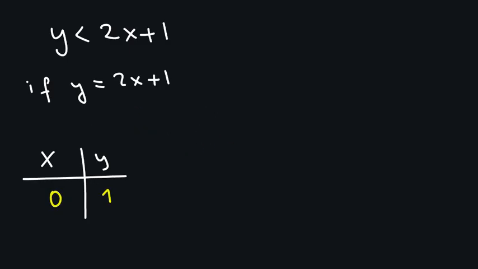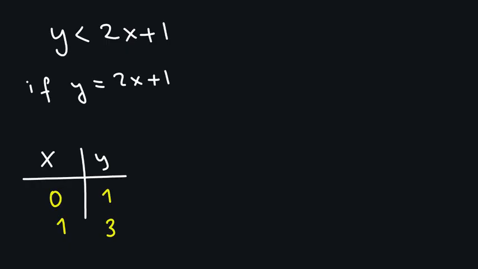For my second point, let's assume that x is 1. If that's the case, y equals 2 times 1, I'm substituting 1 for x, plus 1. So y equals 2 plus 1, 3. So when x is 1, y is 3. Now I have the 2 points.